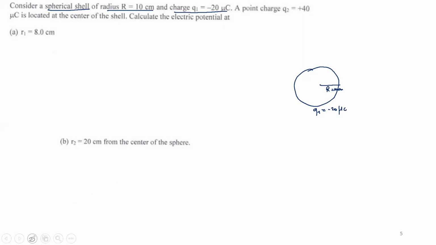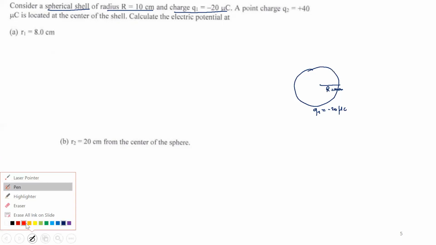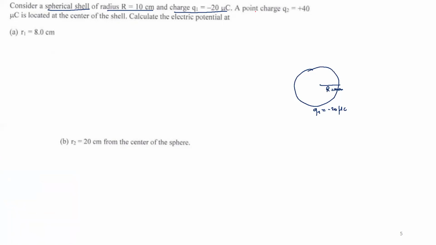Okay. Next. A point charge now, Q2, which is here, is equal to plus 40 microcoulomb and is located at the center of the shell. So the question is very simple.